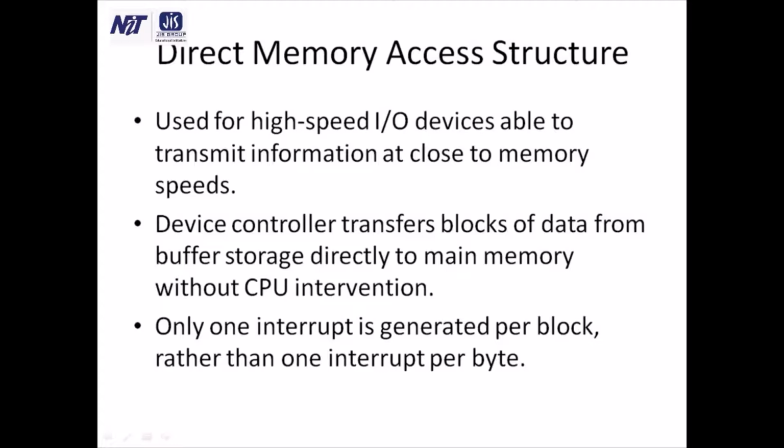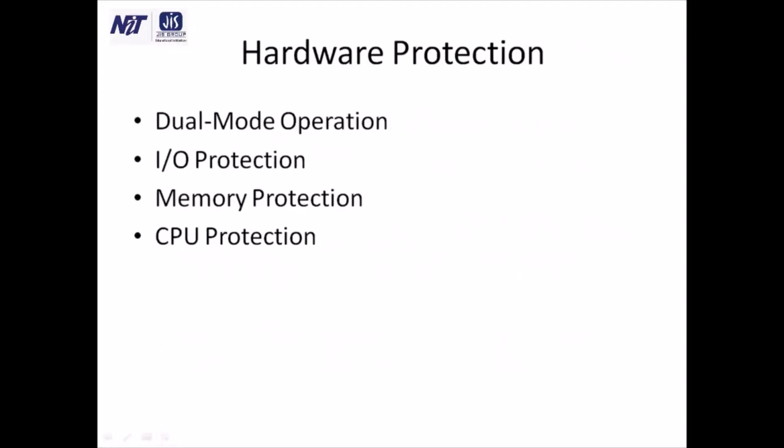Only one interrupt is generated per block, rather than one interrupt per byte. And then we discuss hardware protection. There are mainly 4 types of protection. One is dual mode operation, second is I/O protection, then memory protection, and CPU protection.